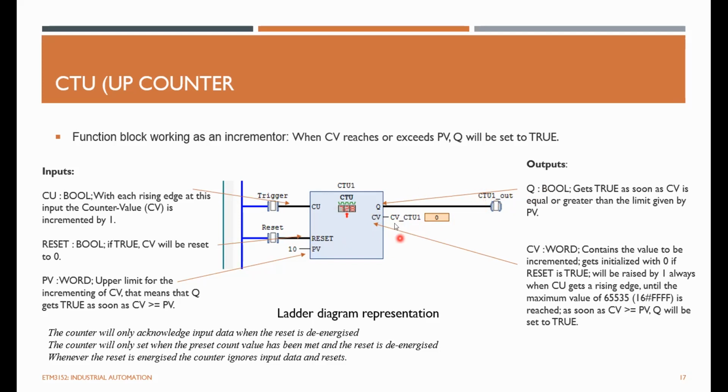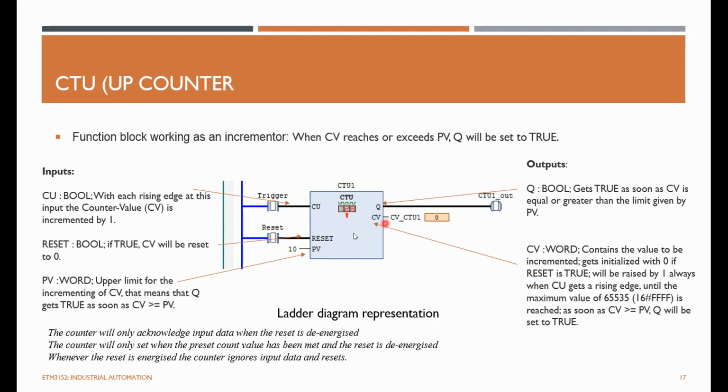So that's the basic principle of the counter. You provide a pulse signal so that you start the counting, and here you define the value that you want as your limit, and when the limit is reached, the output goes high. And whenever you want to reset the counter, you can give a pulsative signal to reset it.